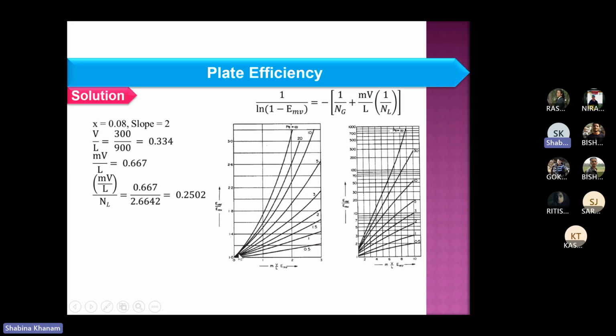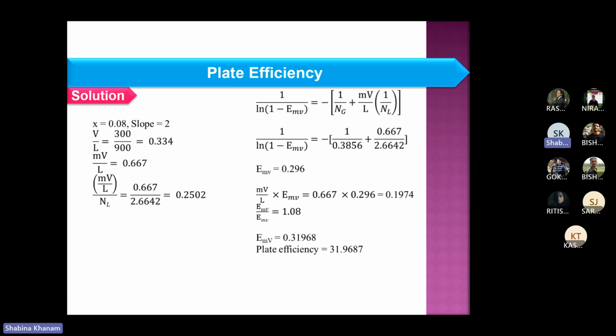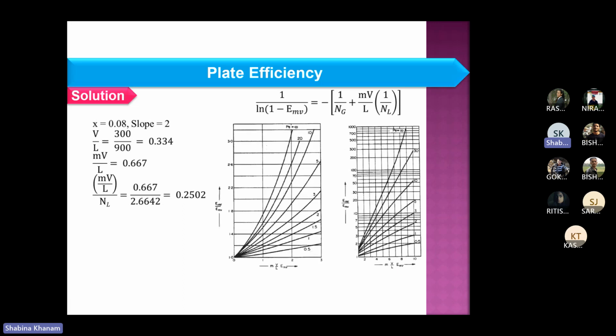Okay, however 10 point would be somewhere like this. So it will be available here.